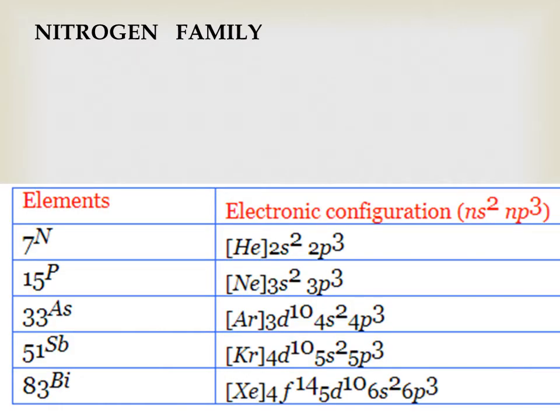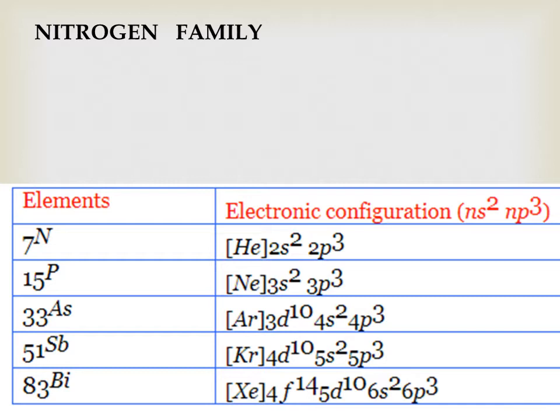Nitrogen family. The elements of group 15 belong to the nitrogen family. The elements of group 15 are nitrogen, phosphorus, arsenic, antimony and bismuth. Students, over here this Sb represents antimony.